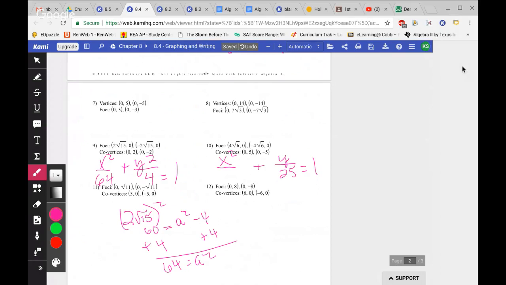And to find what the a squared term value is, I would square 4 times the square root of 6, which is 4 squared, which is 16 times 6, which is 96. So 96 equals a squared minus 25. Add 25 to this side. 121 equals a squared.